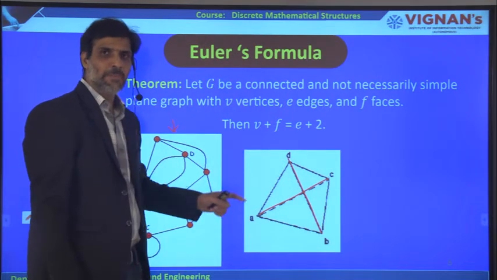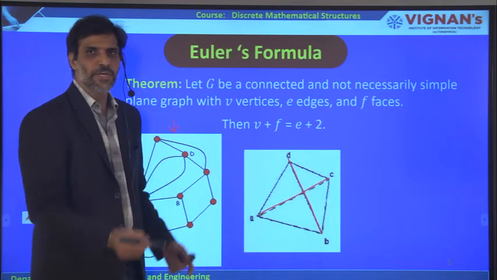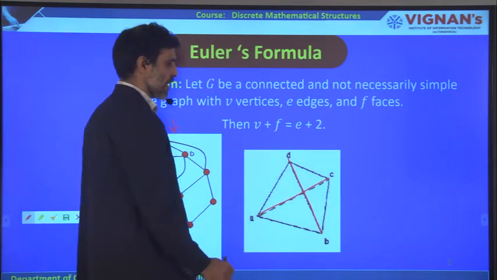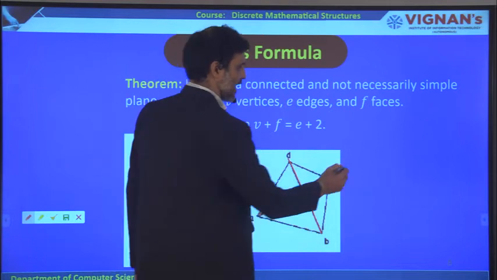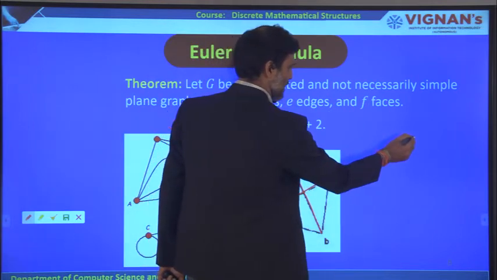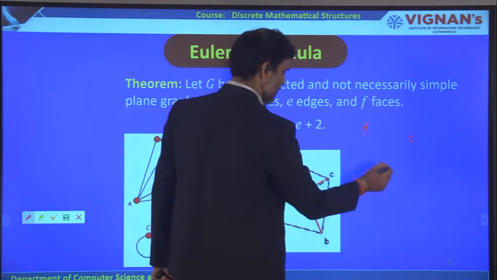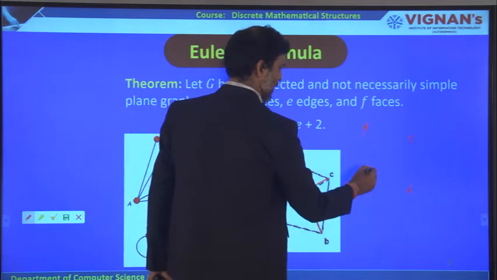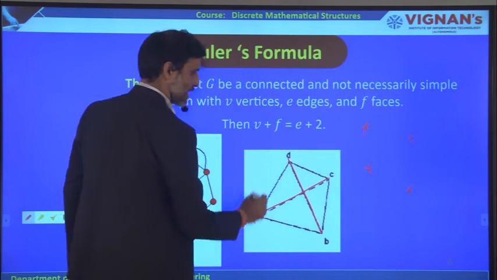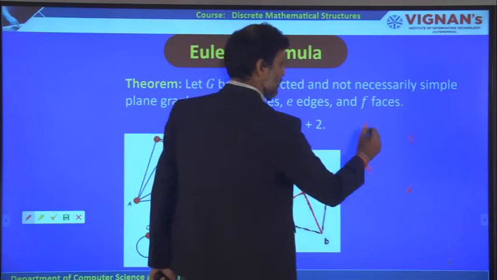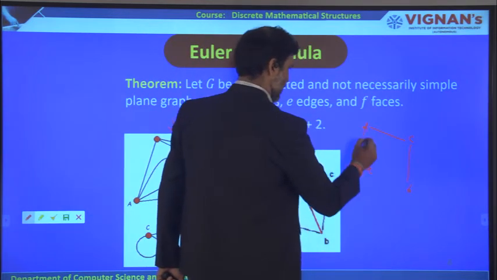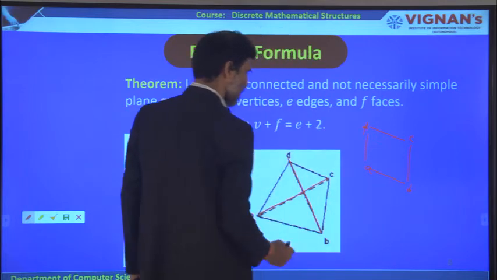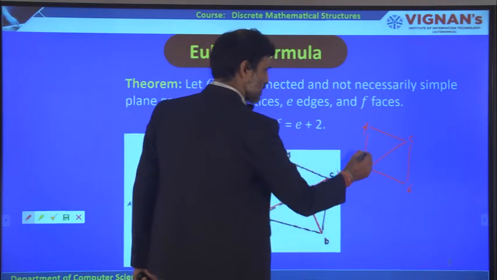If it is not a planar graph, you try to convert it into a planar graph. How do we convert it into a planar graph? The same graph which I am going to write: here it is C, here it is D, and here it is B, and let us take this vertex as A. I am going to take the graph like this, and I am going to join these two like this.